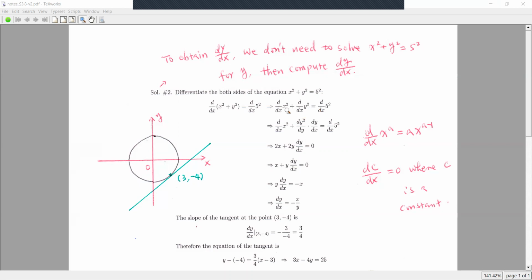Derivative of x squared with respect to x is computable by this formula. Derivative of y squared with respect to x is not directly computable because y and x are different variables.